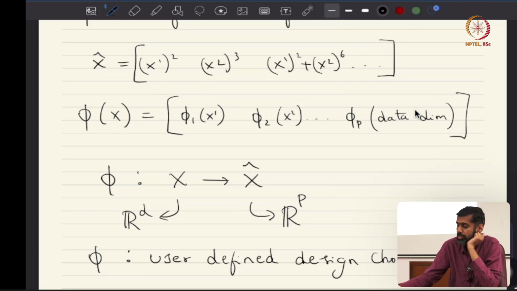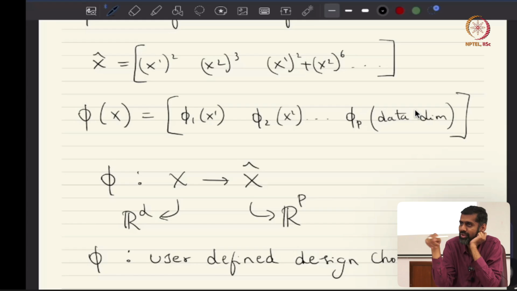Now suppose you are given data x in, let's say, 2 dimensions, or let's say 1 dimension. Now what I will do is define another x cap as 1, x, x squared.